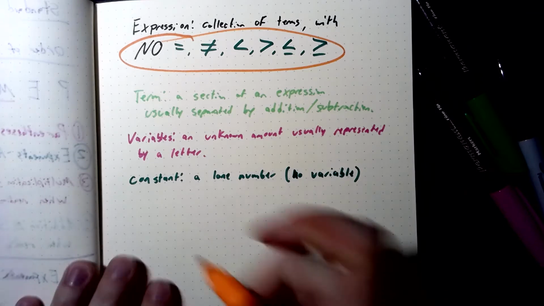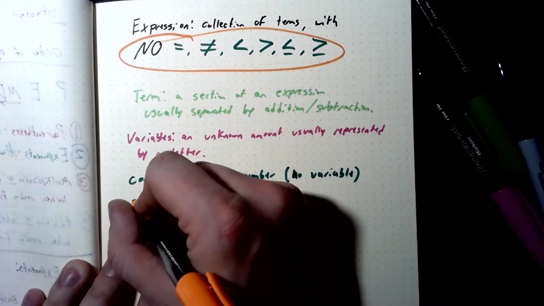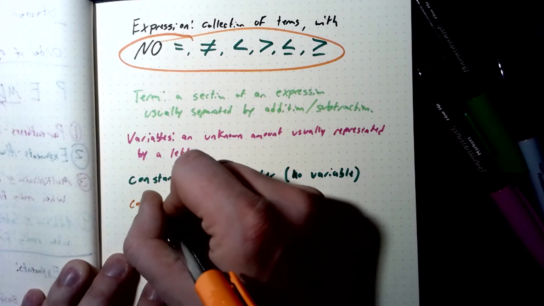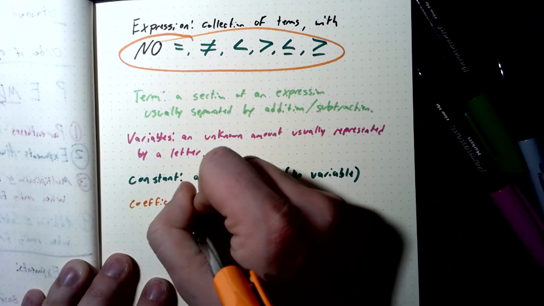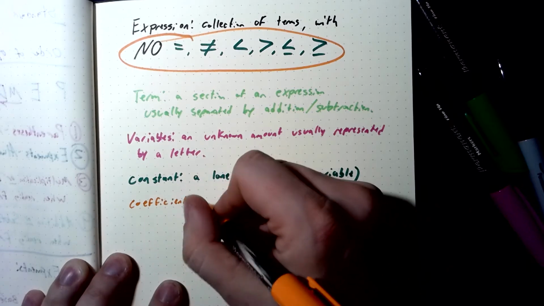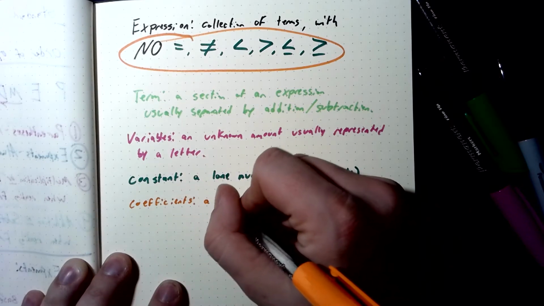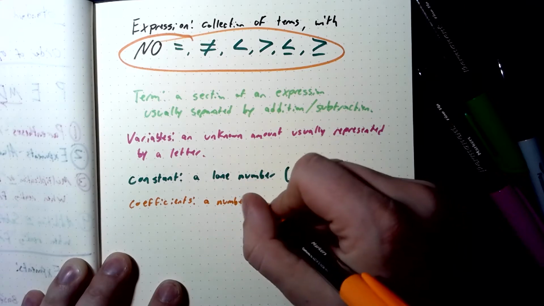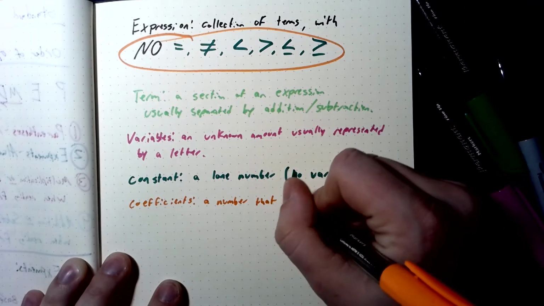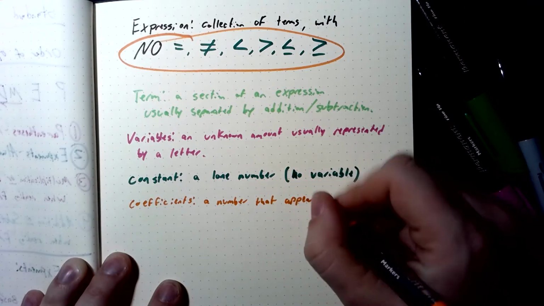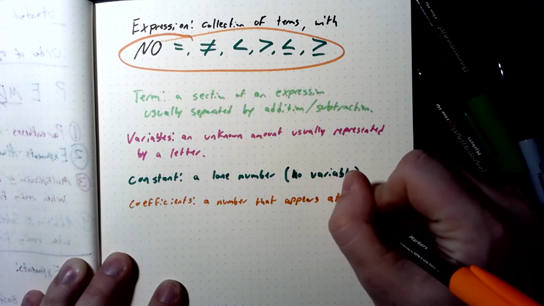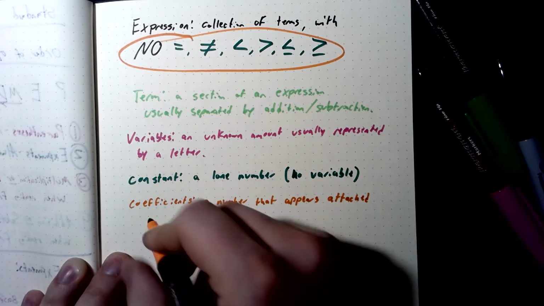Aside from a constant, we have things known as coefficients. And a coefficient is a number that appears to be attached to a variable.